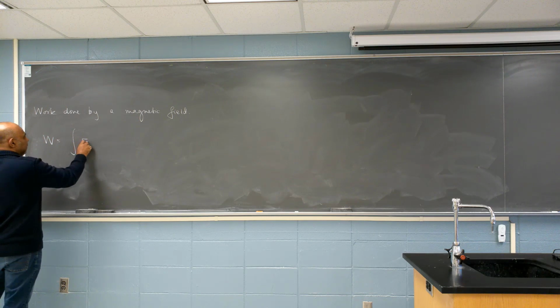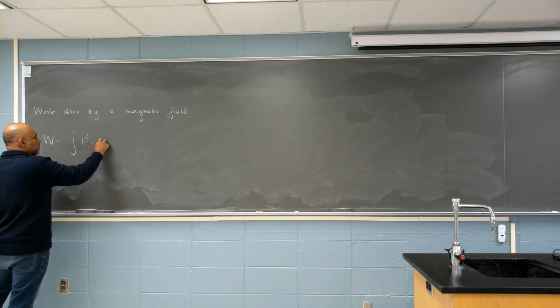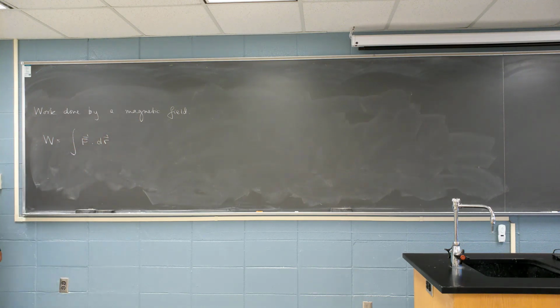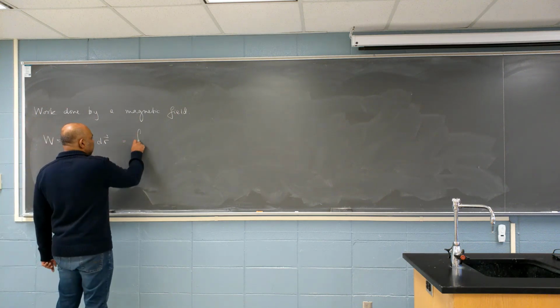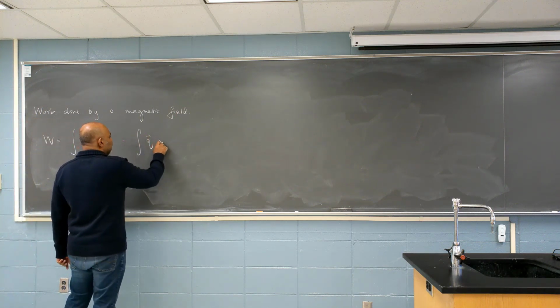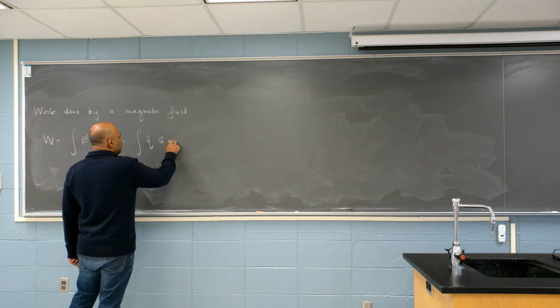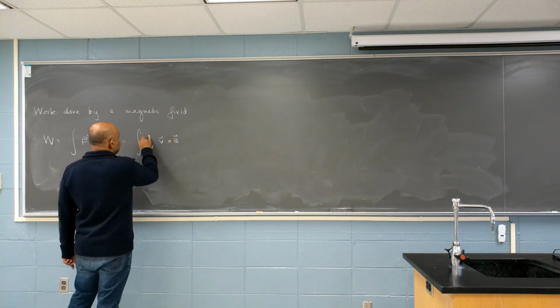Well, it is F dot dr. Yeah? So let's look at this. It is q V cross B. Oh no, q is not a vector.